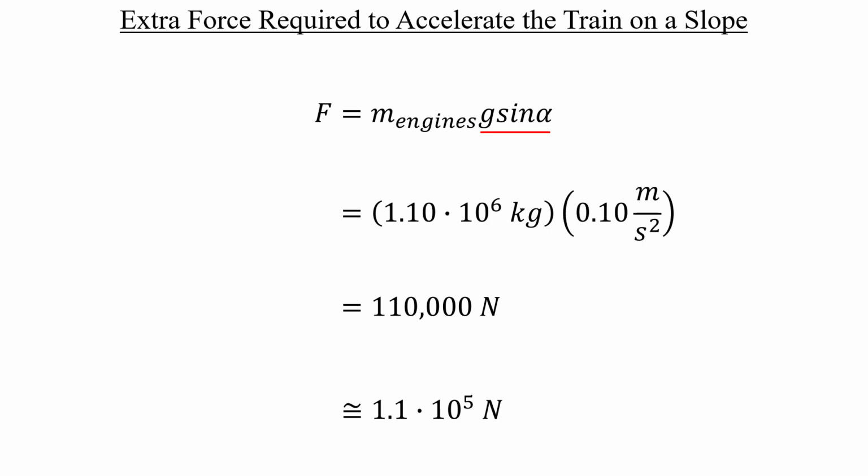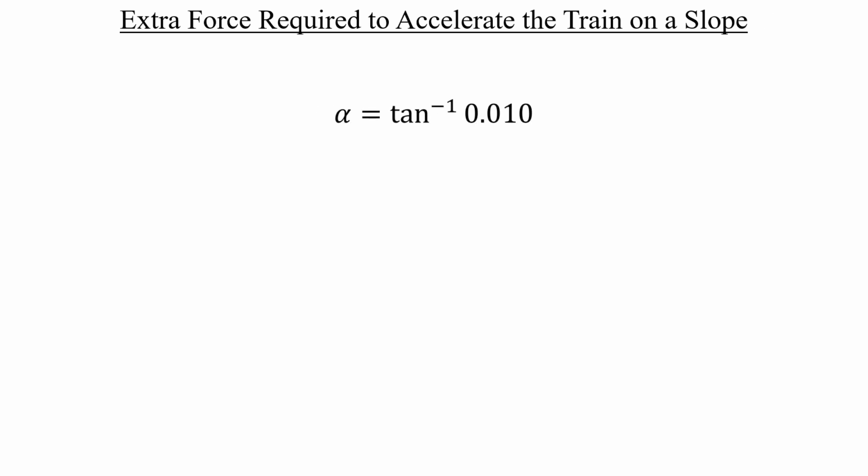This is the first part of the answer, but we need to show that it's about the same for the second part. Now, we're told that the angle is equal to the tangent inverse of a 1% slope. Let's take the tangent of both sides here.